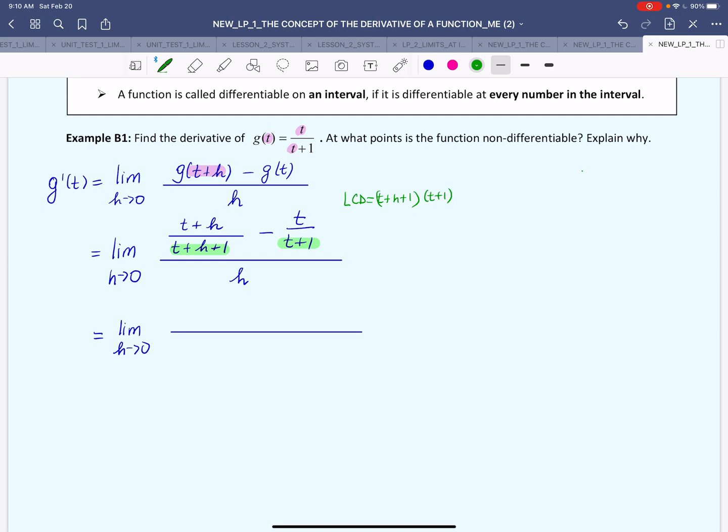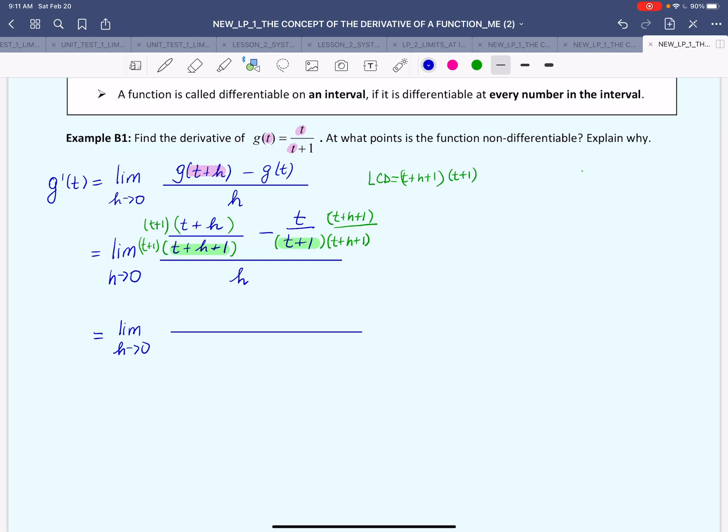So what that means is that this denominator here is going to need a t plus h plus 1. And obviously, both numerator and denominator will get the same thing. And this denominator here is going to need a t plus 1. So both numerator and denominator are getting the same thing.